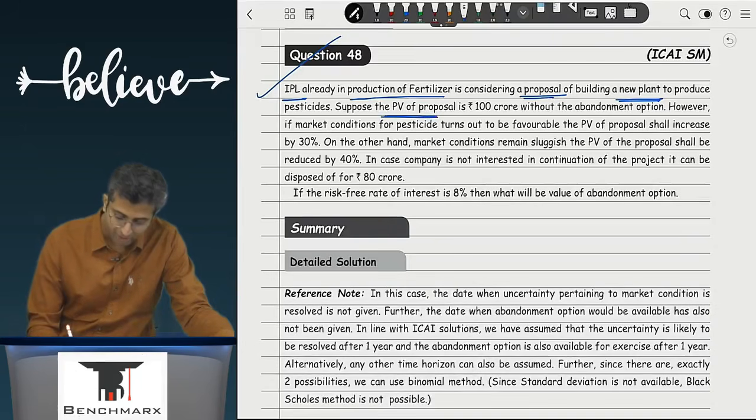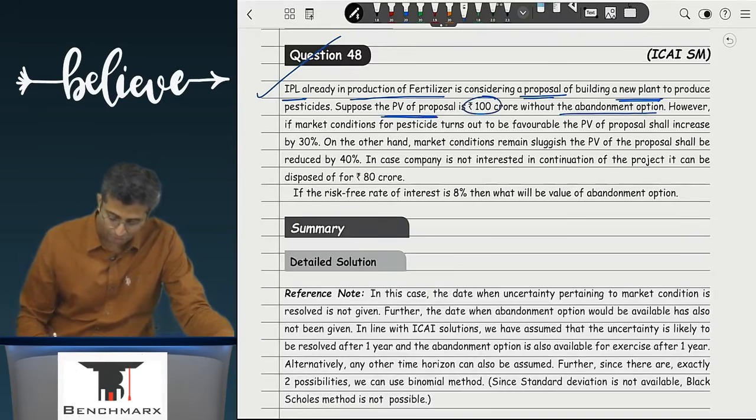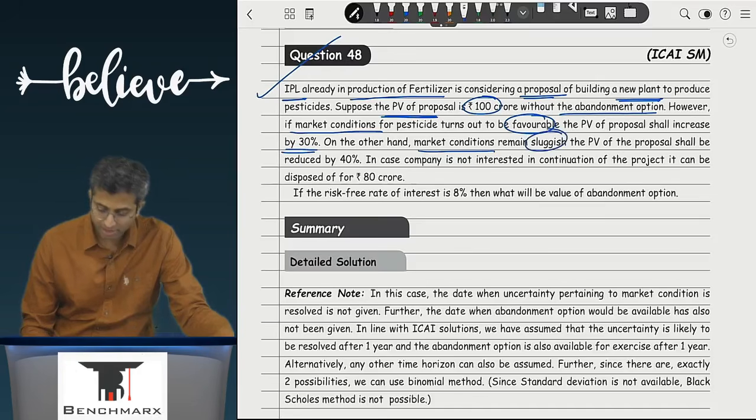Suppose the present value of the proposal is 100 crores without the abandonment option. So this is the present value given to you. However, if market conditions for pesticide turn out to be favorable, the present value of the proposal shall increase by 30%. On the other hand, if the market conditions remain sluggish, the present value of the proposal shall be reduced by 40%.